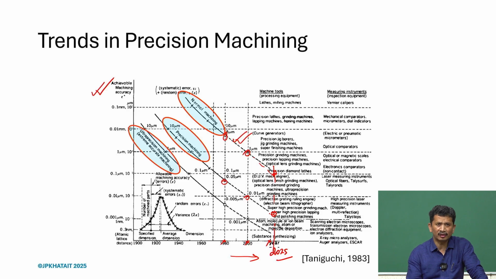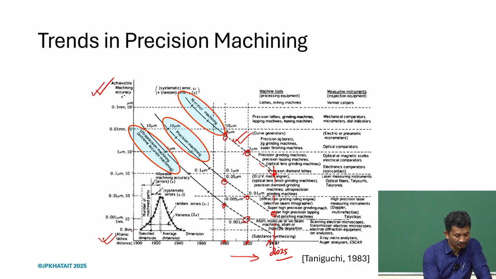When we talk about ultra precision machining, where are we? In 1980, we were here, 0.005 micron. In 2000, this was 0.001 micron, and we are already hitting the 0.3 nanometer atomic lattice distance.